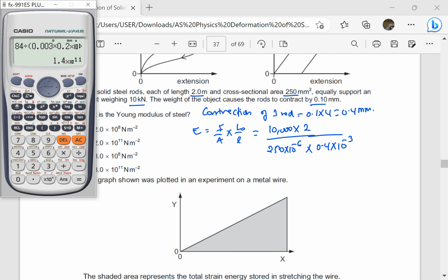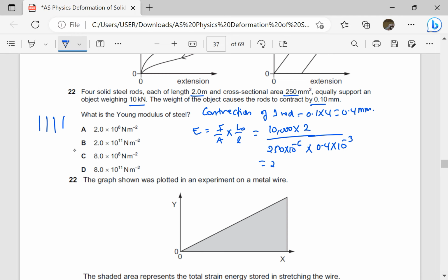When I press my calculator, I have 20,000 divided by 250 exponent negative 6 and 0.4 exponent negative 3, which is giving me 2 times 10 power 11, which means the answer is going to be B.